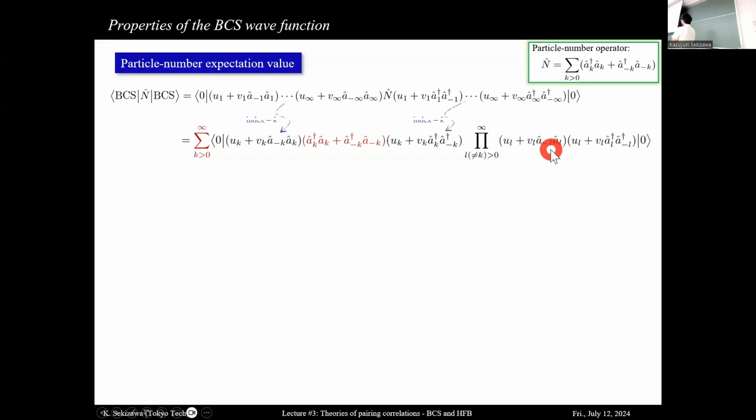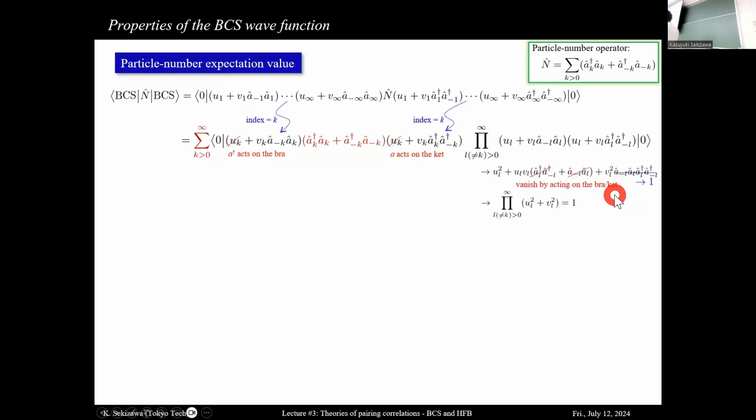Now we can use the norm of the BCS wave function. Again we can expand this, but it is the same as before, so it only provides UL square plus VL square, which is 1 because of the normalization condition. So this term becomes 1, and what should be evaluated is only the term which contains the index k.